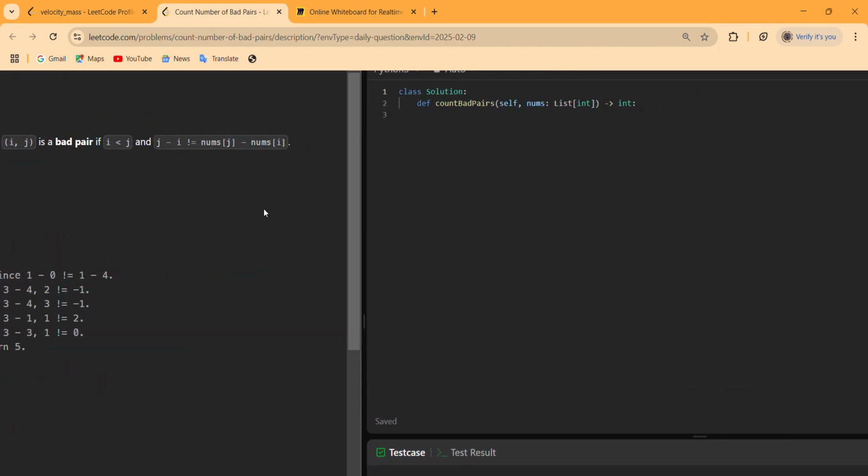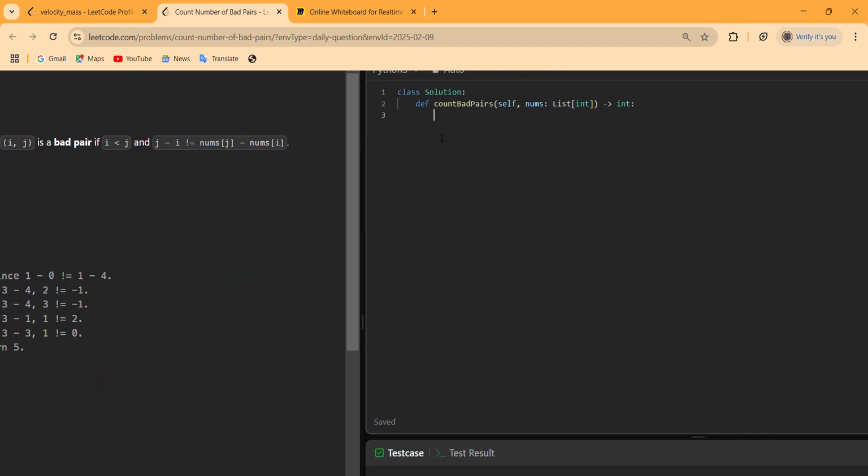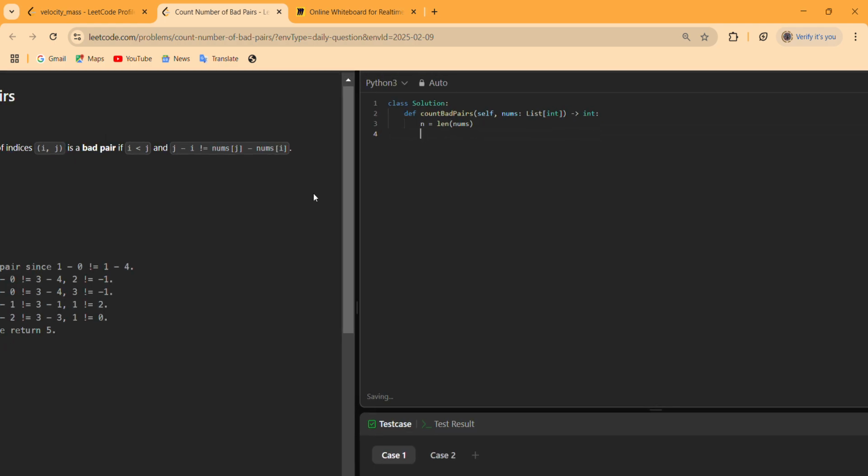So let us code this. Let us first compute the total pairs like this, and good pairs will be 0.